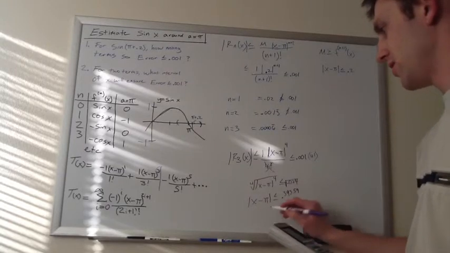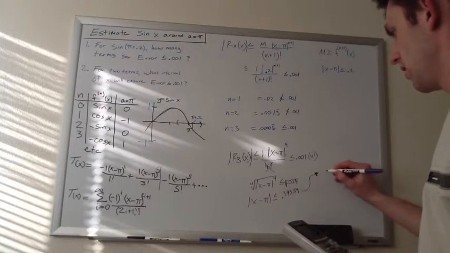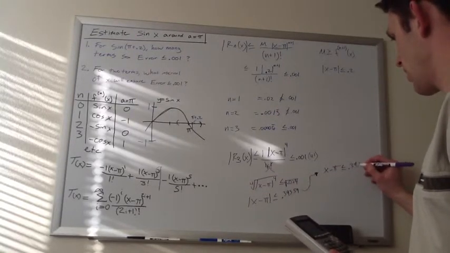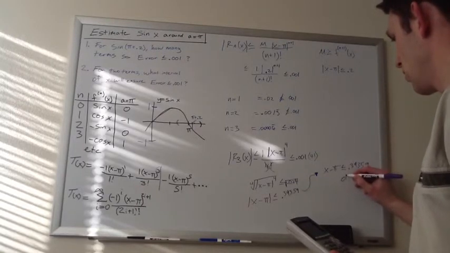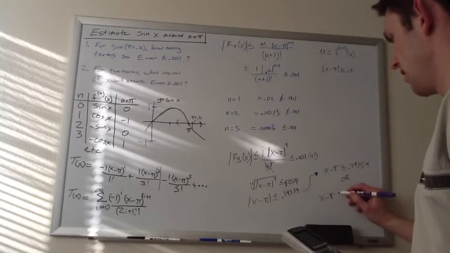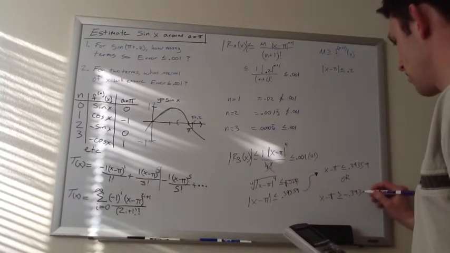So now to solve this, I can have two equations. x minus pi can be less than or equal to 0.39359, or it will also be true if x minus pi is greater than or equal to negative 0.39359.